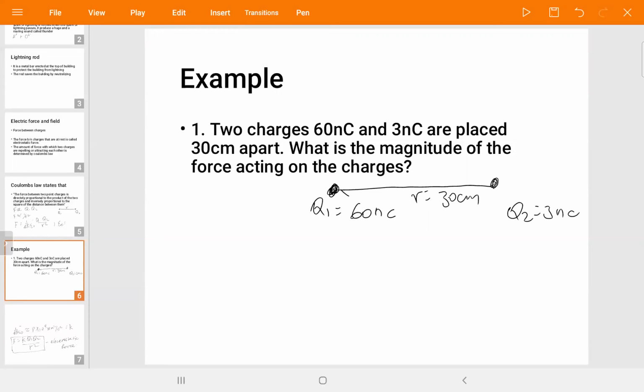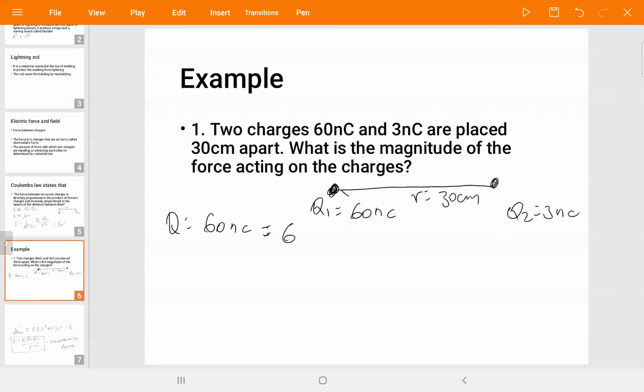So first, we have to convert the charges and the separation distance into their SI units. For example, Q1 is 60 nanocoulomb. Instead of nano, we can use 10 to the power of minus 9, because it's a multiple prefix.